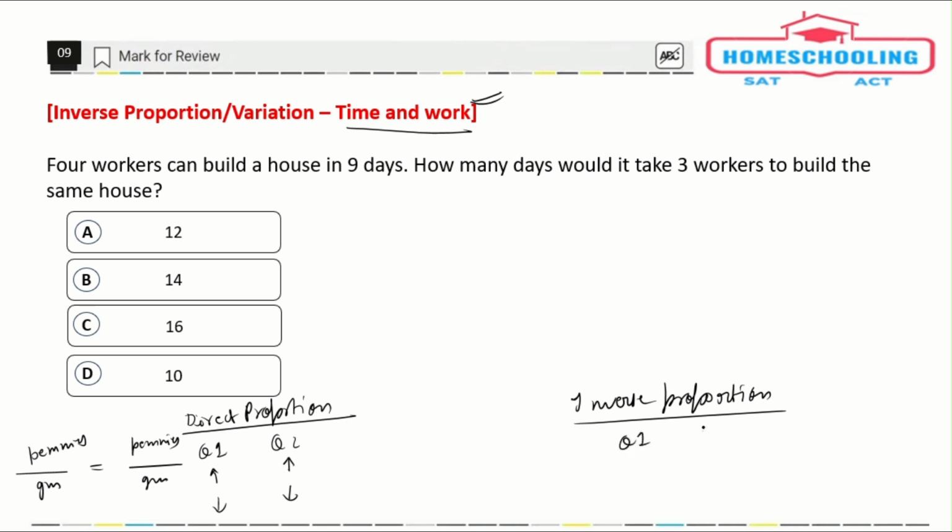Now, when we take the inverse proportion method, we have two quantities, quantity 1 and quantity 2. Let's say quantity 1 is the workers. So 4 workers are working and they complete the house in 9 days.